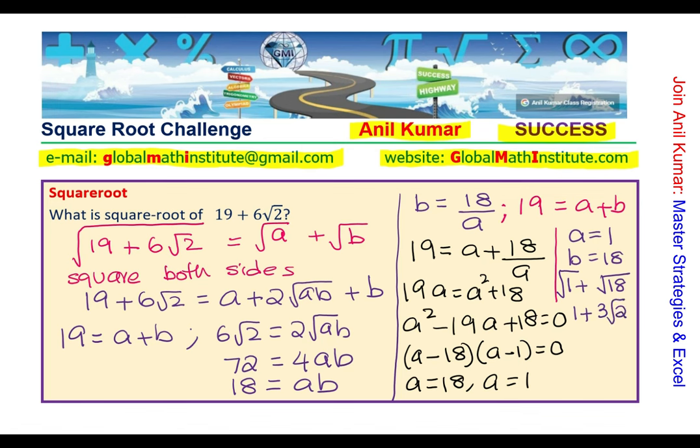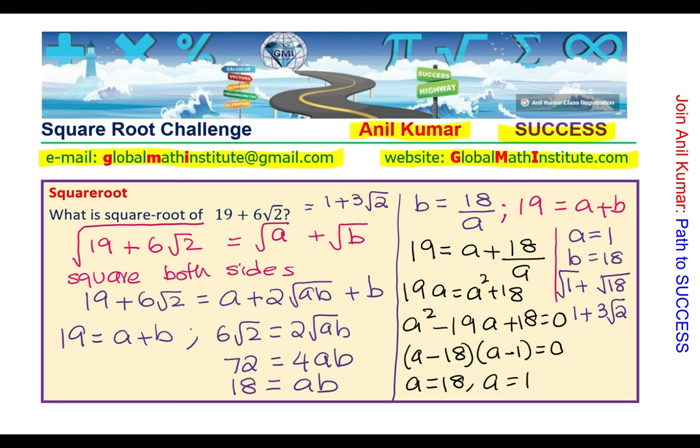So 1 plus 3 square root 2 is one of our answers. The other one, if you put a as 18, then you get b as 1, so it is the same answer. So basically, the square root of this is equal to 1 plus 3 square root 2. So I hope you have understood the method completely.